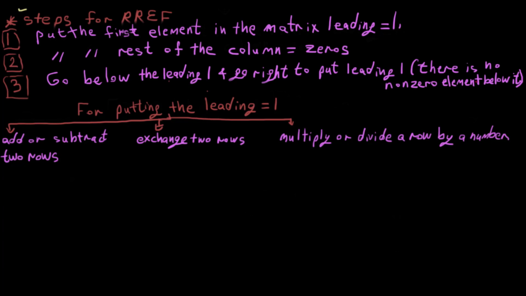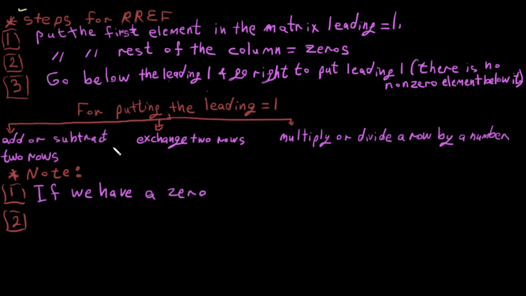Okay, and there is an important note here, you have to keep it in your mind. Two notes. 1, 2. What is the note here? If we have a zero row, it means the whole row is 0. For example, 0 0 0.